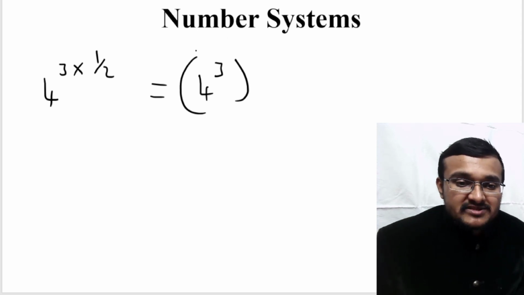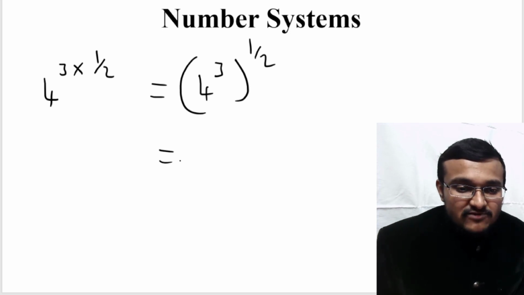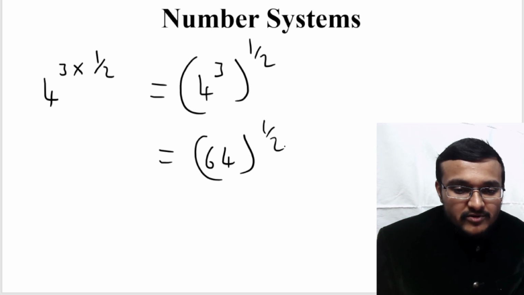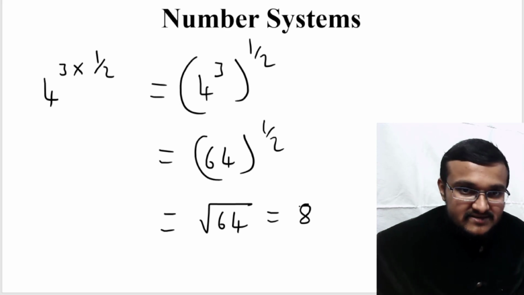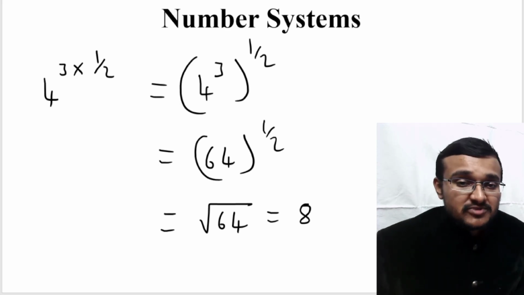So that is 4 power 3 whole power 1 by 2. What is the value for 4 power 3? 4 power 3 is 64 whole power 1 by 2. So this is nothing but square root of 64, which is nothing but 8. So anyway you can solve this particular question.